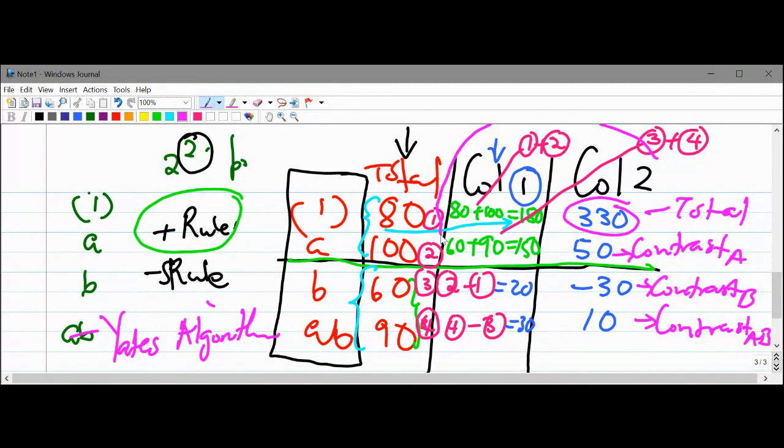You cannot just give me the ANOVA table without showing me how you got this. The first rule is to order the treatment combinations. If you have two factors, you create two columns. From there, you start applying the positive addition rule and subtraction rule.